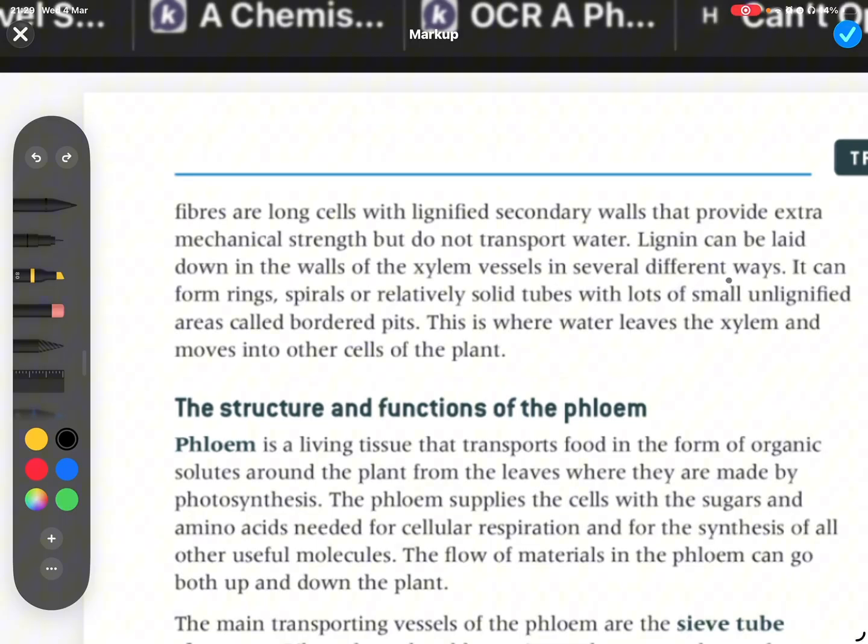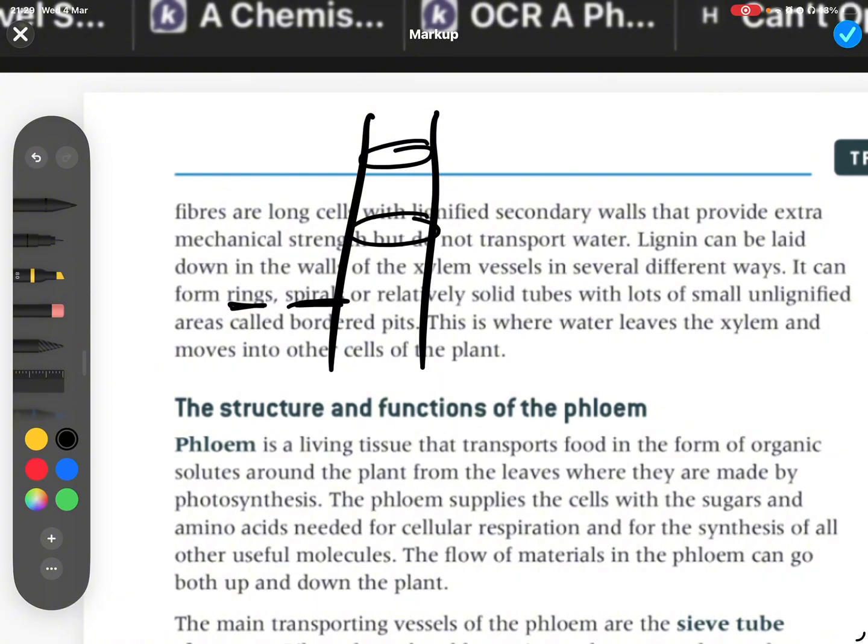If you see the description here, you've got the xylem vessel, and it can form rings of lignin, like that. It can also form spirals, just a spiral of lignin. Or relatively solid tubes.